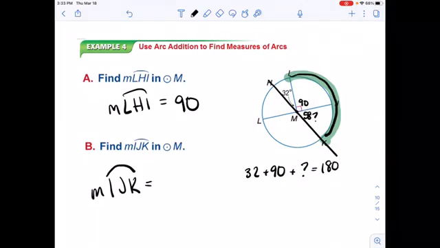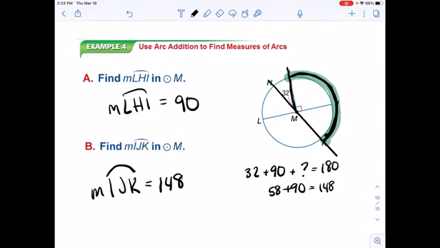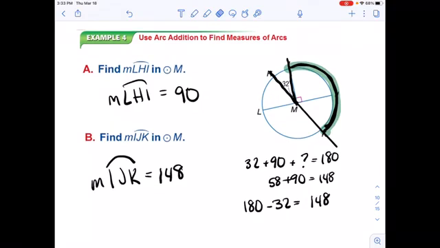Now we actually want this whole thing, so you can go ahead and take 58 plus 90 and get 148 for your measure. Another way you can do it is just notice that this is just missing this 32 part. So you could take 180 minus 32. You also get 148 for your arc measure of IJK.